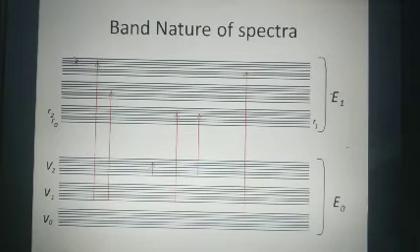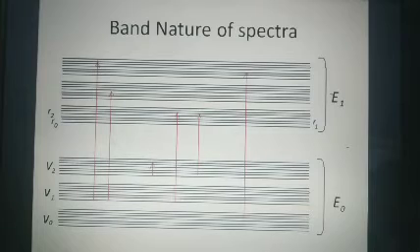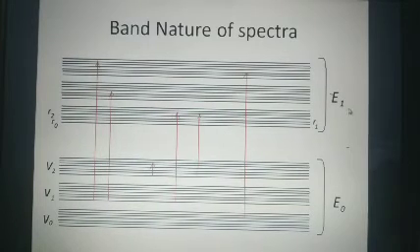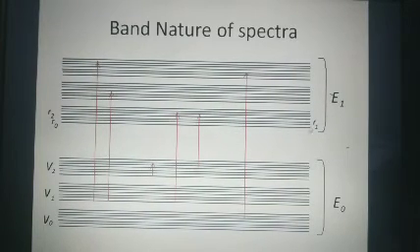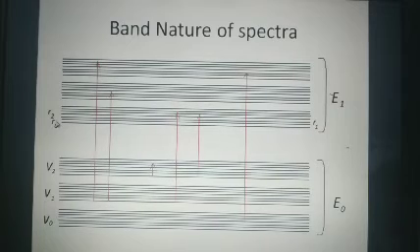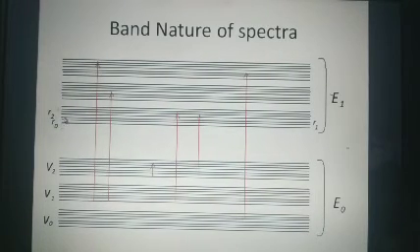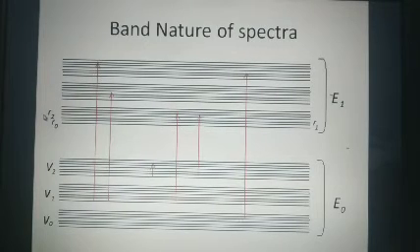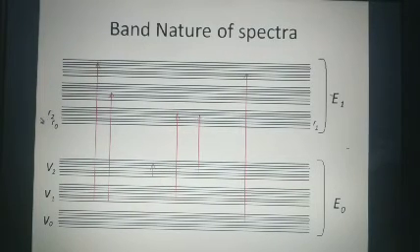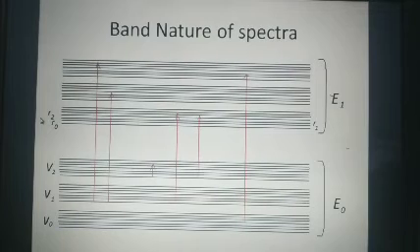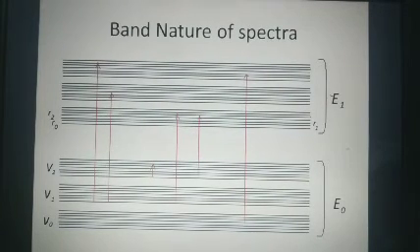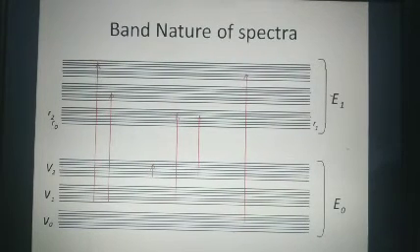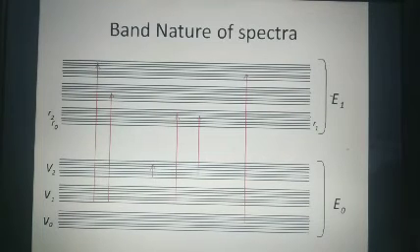In the same manner, vibration levels are there in E1 also. On the upper side, I have shown R0, on this side the second line R1, the third line R2. So one vibration level comprises various rotational levels. It means in a single electronic level there are various vibration levels, and in a single vibrational level various rotational levels are there.